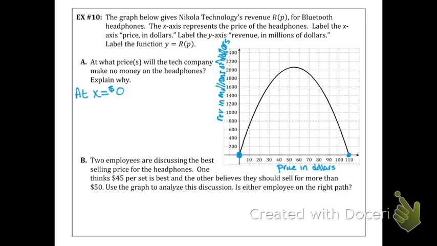So why would they make no money if they're selling it for $0? Well, you can't make any money if it's free, right? So no money made if free, because I'm not charging them anything for it.